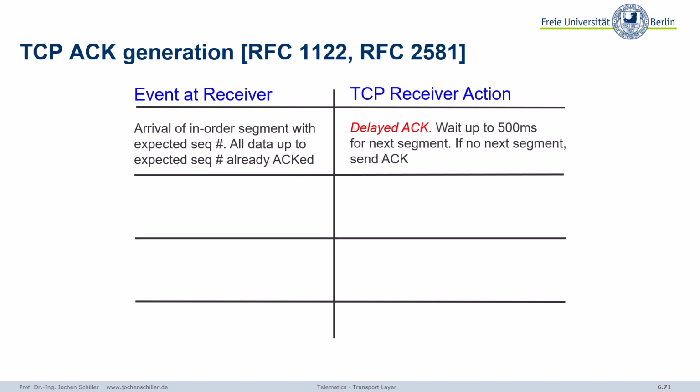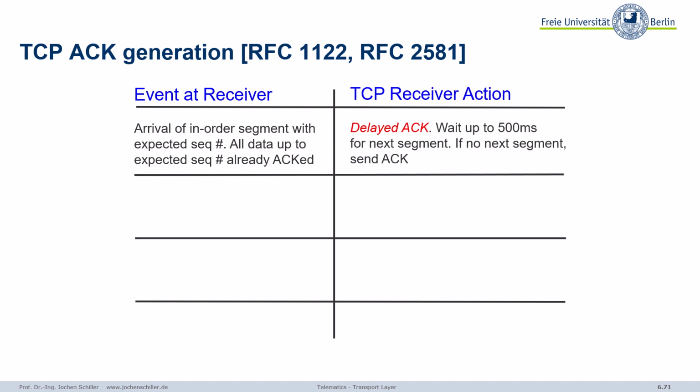So what can happen at the receiver side? The receiver gets in-order segments with the expected sequence number. That's nice. And all the data up to the sequence number has already been acknowledged. So why should I send back an acknowledgement? All data up to the sequence number is already ACKed, so it's basically a duplicate.